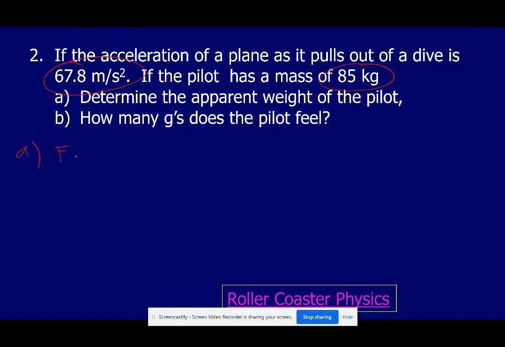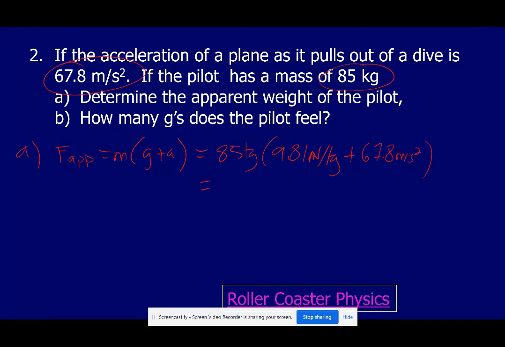So A, determine the apparent weight. Well, obviously, we're going to use this version of the formula. Mass times (g plus a) is equal to 85 kilograms. We're going to be multiplying. We are accelerating up, so it's 9.81 newtons per kilogram plus 67.8 meters per second squared.